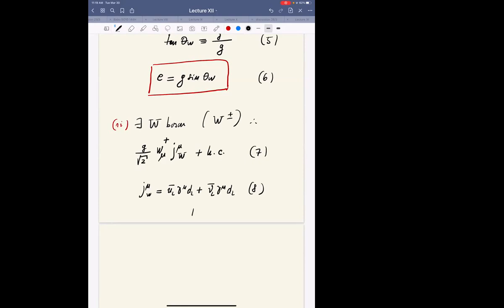And from here we proved that at low energies, the famous G Fermi interaction was g squared over 8 M_W squared, just by exchanging the W boson, which was e squared over 8 M_W sine theta W squared.